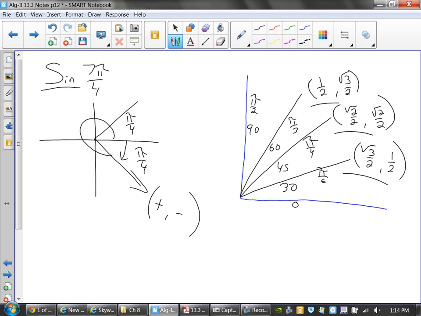And what do you know about the sine or the cosine of a 45? It's the same thing. Root 2/2. So it's going to be root 2/2 for the sine value, which means in the 4th quadrant it is negative. Your answer is negative root 2/2 for the sine of 7π/4.